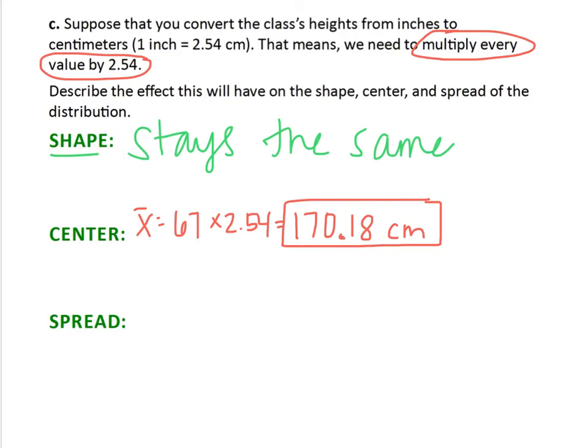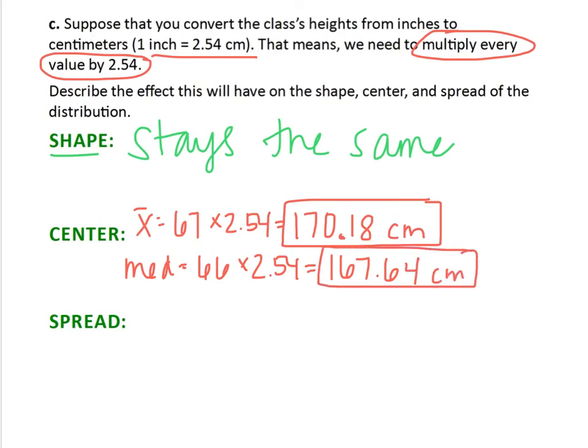Now, no more inches. I did a unit conversion. My median, which was 66, gets multiplied by 2.54, and that now gives me a median of 167.64 centimeters.